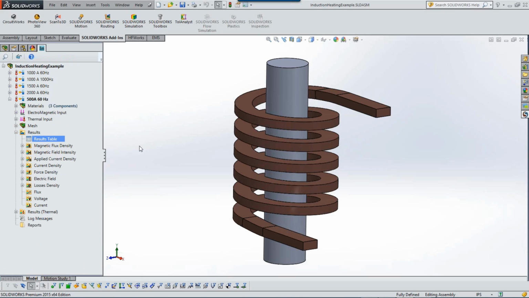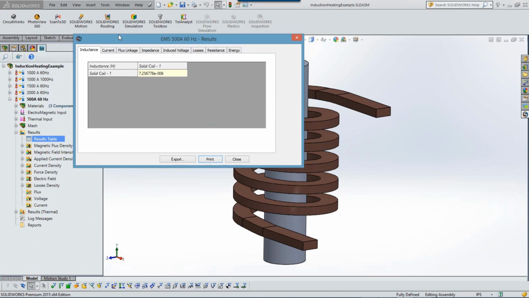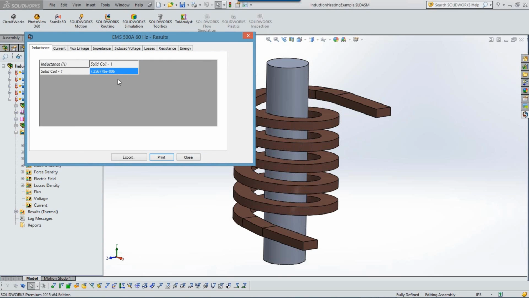The first thing is the result table. A lot of results are organized inside the result table. For example, one of the things that we want to know for this coil is its inductance value. That's around 7.2 microhenries. So EMS first of all gives you the inductance of your coil, which is a very important parameter for design.